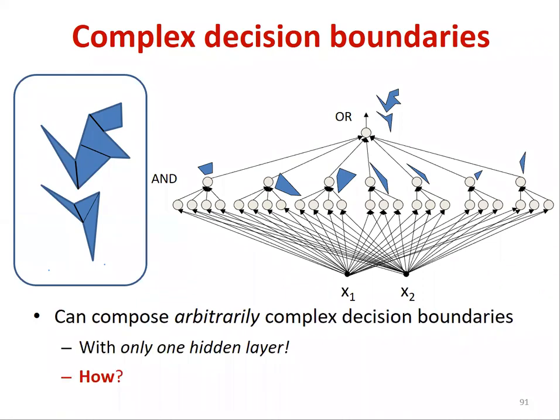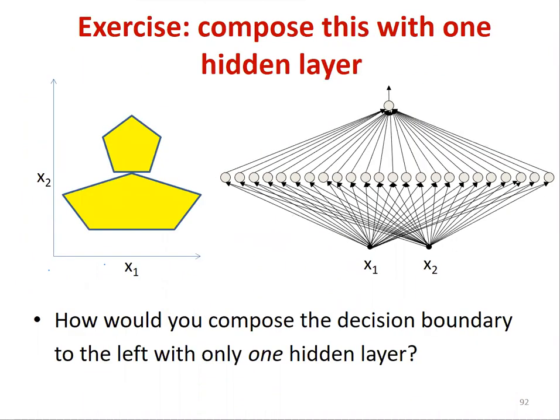But then here's my question. This model has 3 layers, right? It has 2 hidden layers. Can I do it with only 1 hidden layer? Let's actually take the simpler example. Can anybody take a guess as to how I can get this decision boundary using only 1 hidden layer?